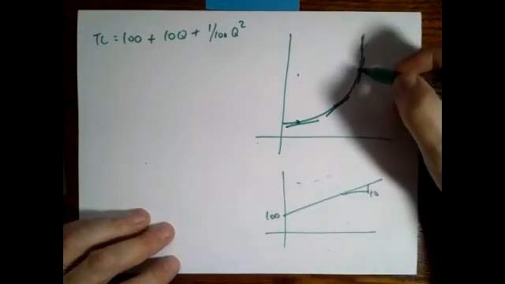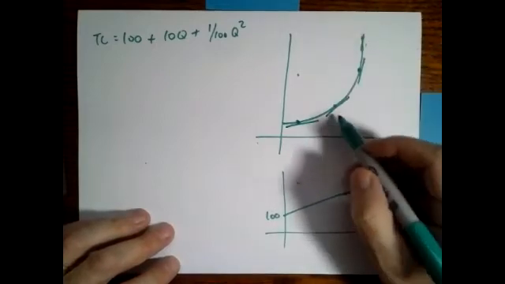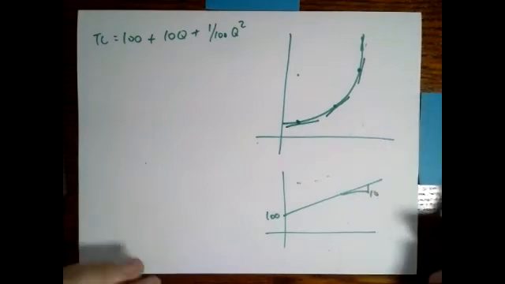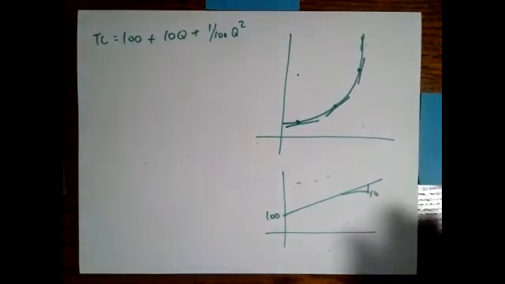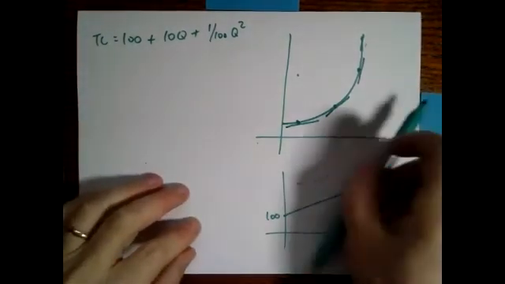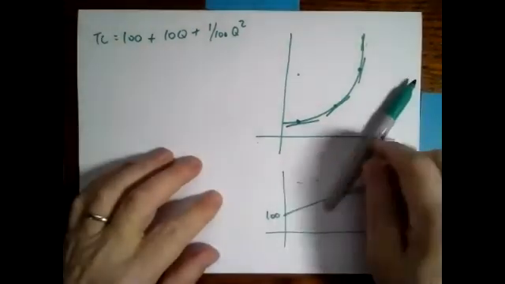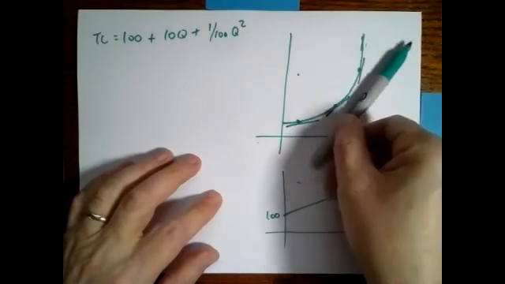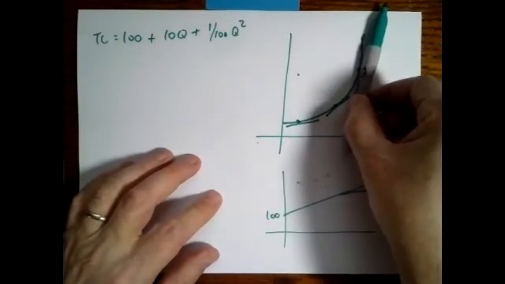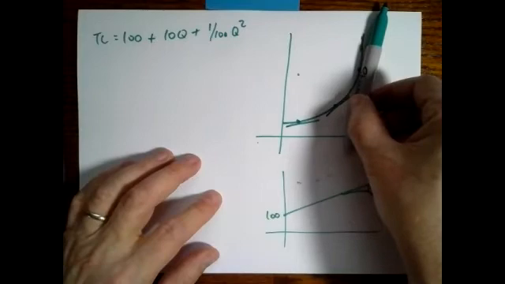So we want to find out what the tangent is. And what is the tangent? The tangent is a straight line that can be drawn that touches the curve at any given point. So at a point here, I want a straight line that touches the curve only at one point.